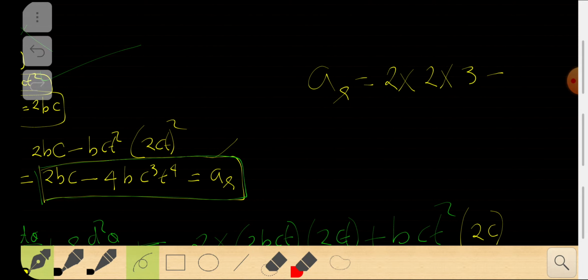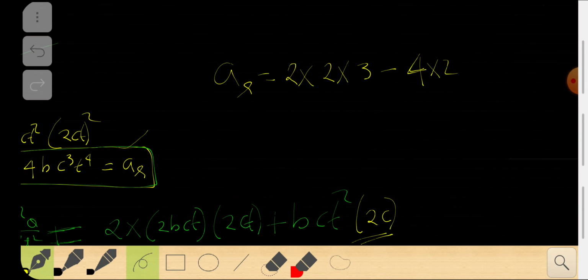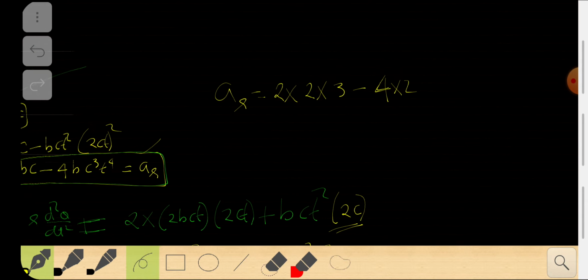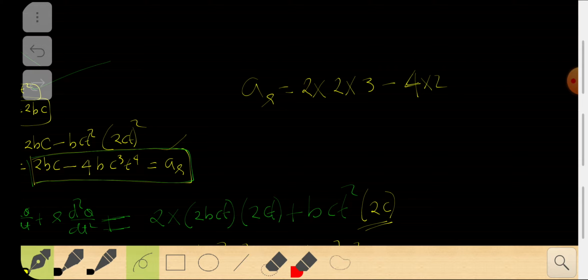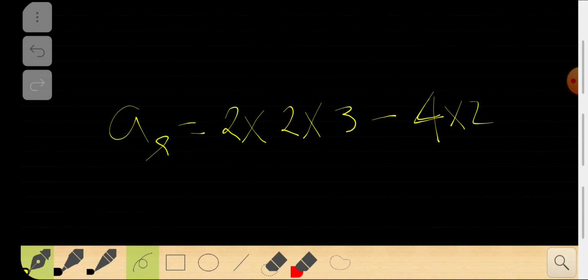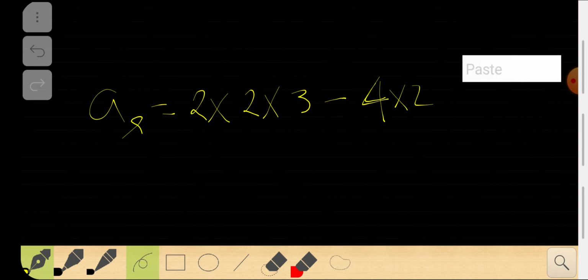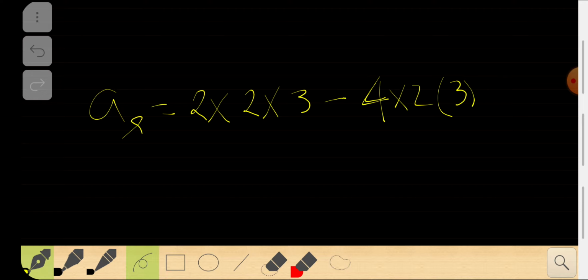Minus 4b, b is 2, sorry about that, times c cube t raised to 4. c is just 3, so 3 cube, and t raised to 4. t is just 4 seconds, so it's 4 raised to 4.